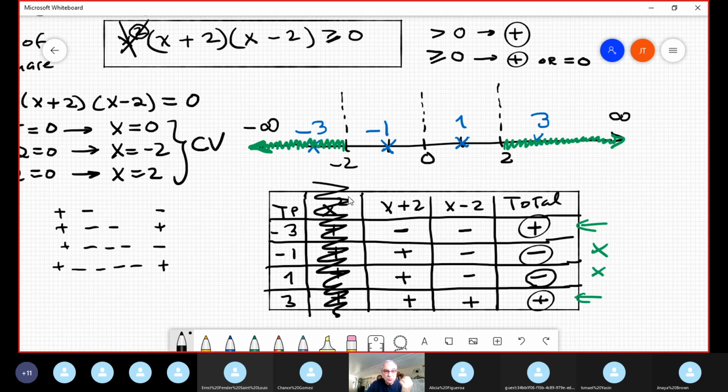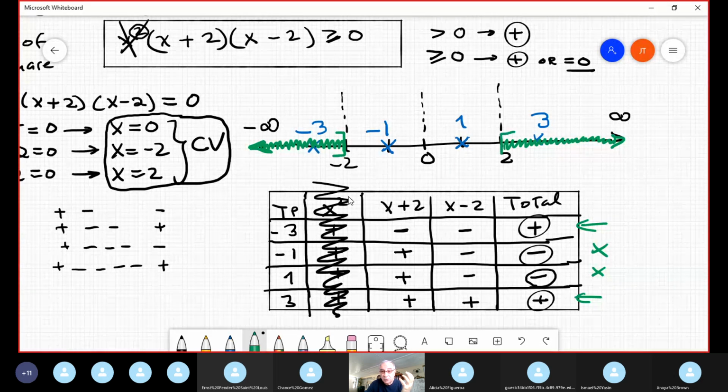Therefore, the solution of the equation, which is the critical value, also belongs to the solution because it satisfies equal to 0. How do you indicate that? In this case include negative 2 and include positive 2, so instead of parentheses, you put a square bracket. It's the symbolic way to indicate include this endpoint, and include 0. And 0 is like one isolated point here, but it's also a solution.